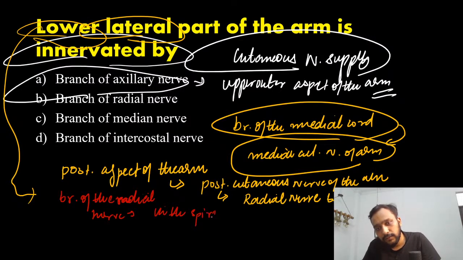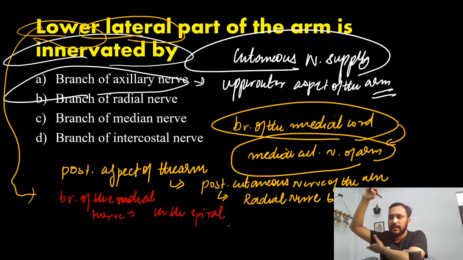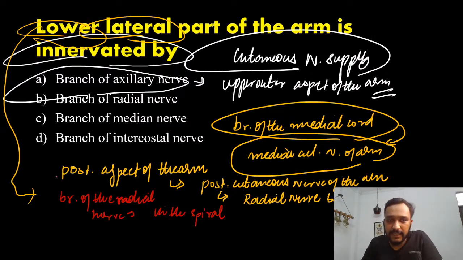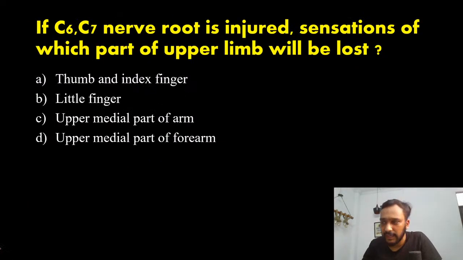So guys, this was the cutaneous supply of the arm. And the axilla will be supplied by the intercostobrachial nerve, right?